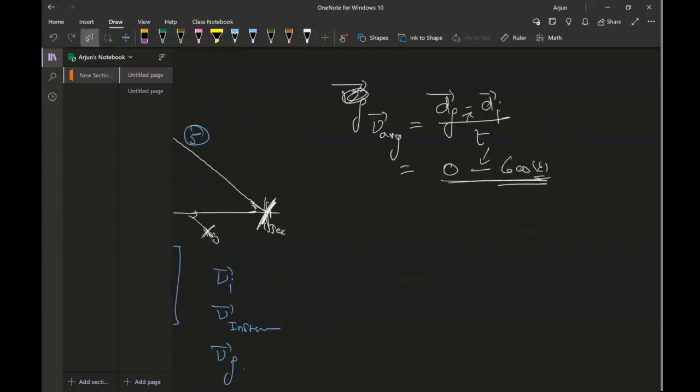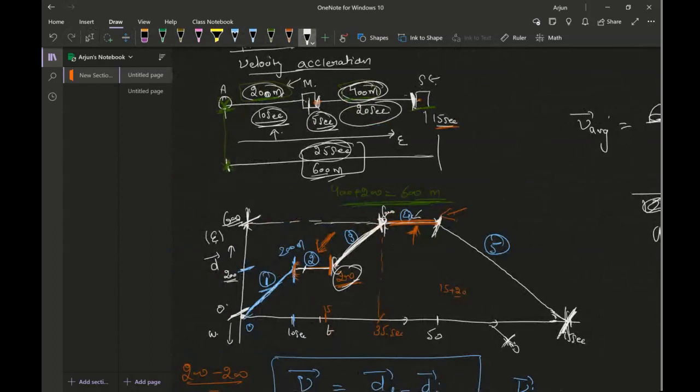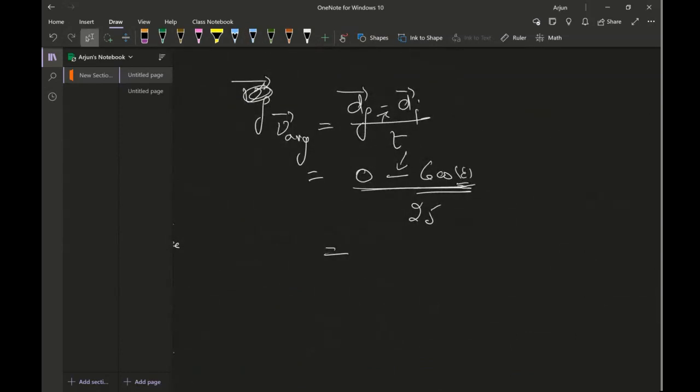The time taken by that person in this case is 25 seconds. I can show you down here again, this is 25 seconds. Now negative 600 divided by 25, I'll do some calculations on my calculator. 600 divided by 25 is 24, so negative 24. Now negative 24 means his velocity is negative 24 meters per second, or 24 meters per second in the west direction.